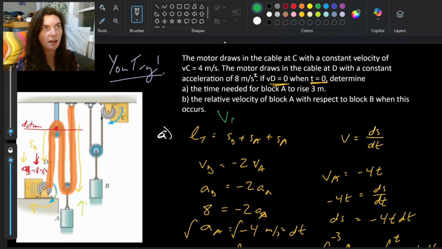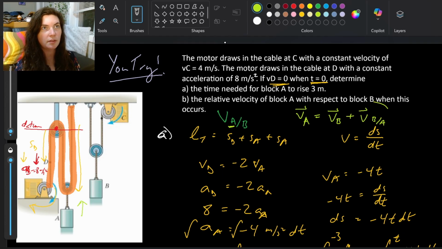So we know we've got an equation for this. You have to start with the letter that you start with, right? So we're starting with A. Velocity of A equals velocity of B plus velocity of A with respect to B.